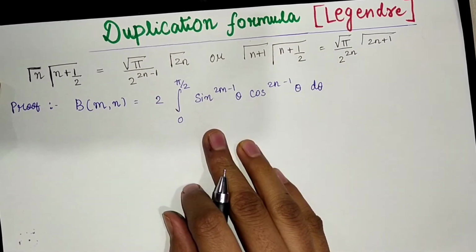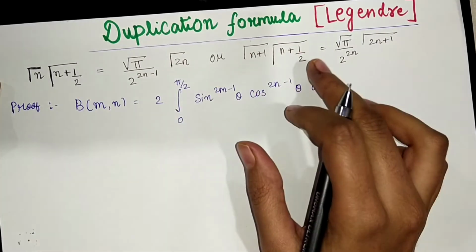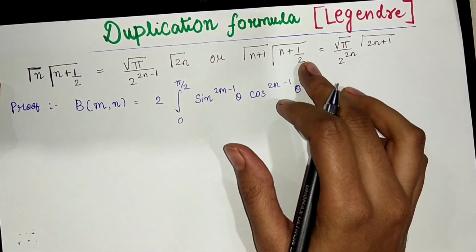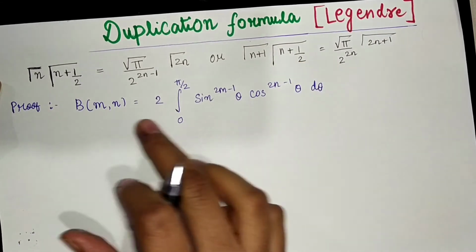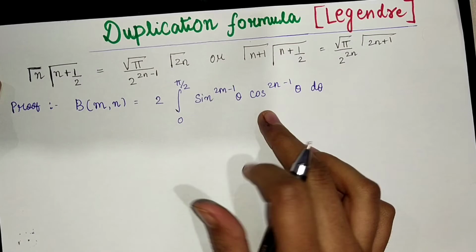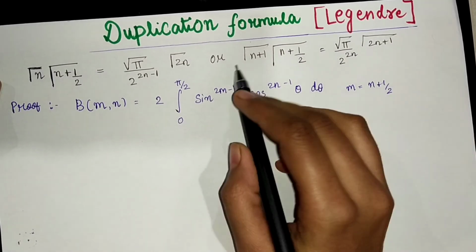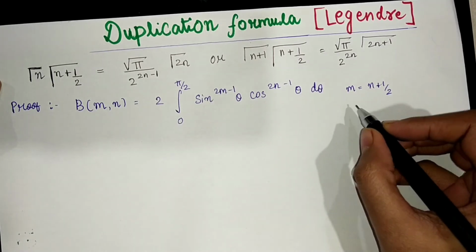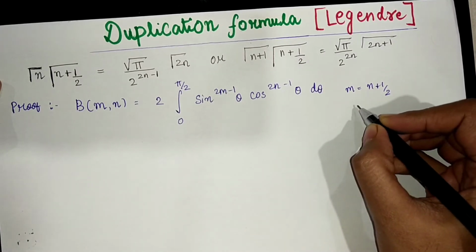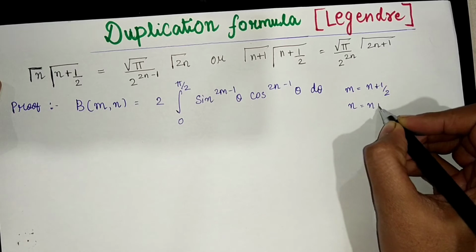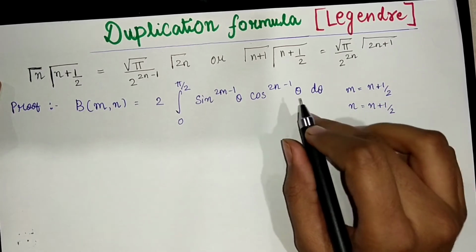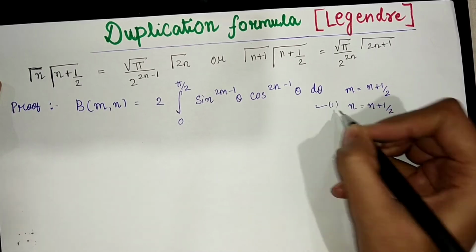In the duplication formula, n plus 1 by 2 is present. So we will substitute m equal to n plus 1 by 2 and n equal to n plus 1 by 2 in equation 1.